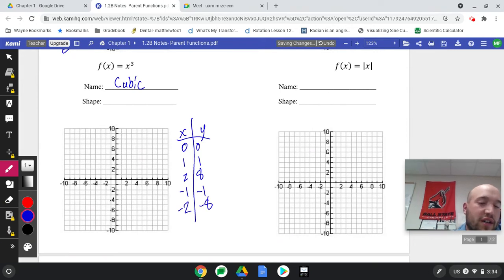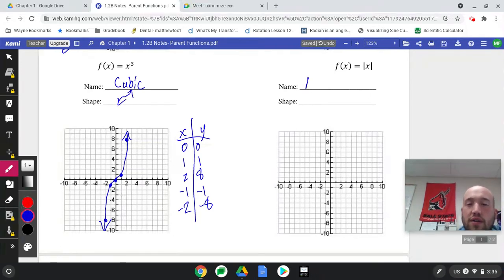Now if you're confused on that, a negative times a negative is positive. We multiply it by another negative, and it's back to negative. All right, and our shape, some of you might think of this as a stretched S.